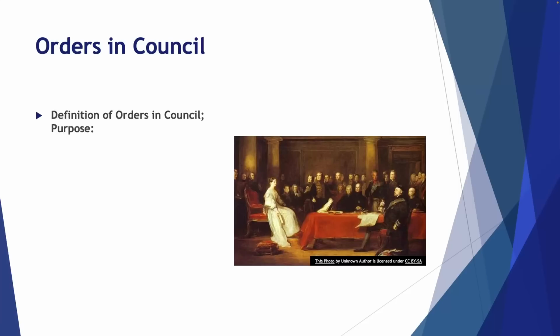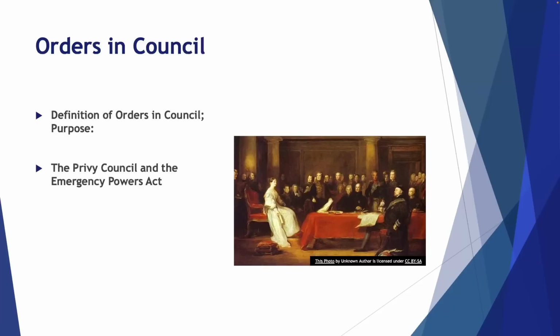An order in council is a form of delegated legislation that is made by the Crown, or at least made under the auspices of the royal prerogative, usually on advice of government ministers. These are typically issued under powers granted by primary legislation and are used for a variety of purposes, specifically in relation to, for example, changing laws in territories outside of the United Kingdom, or even when it comes to making emergency regulations.